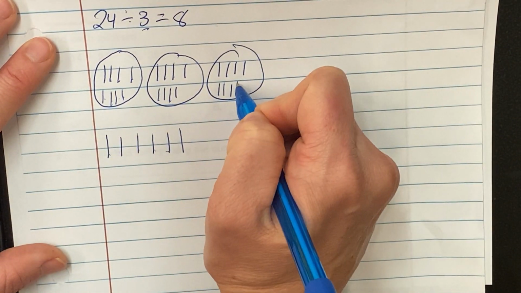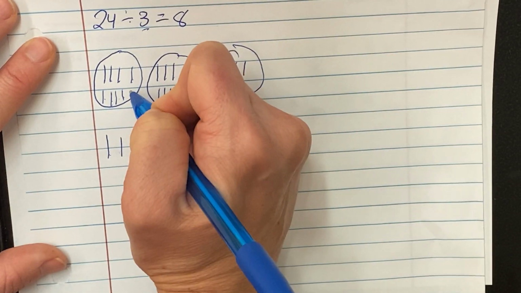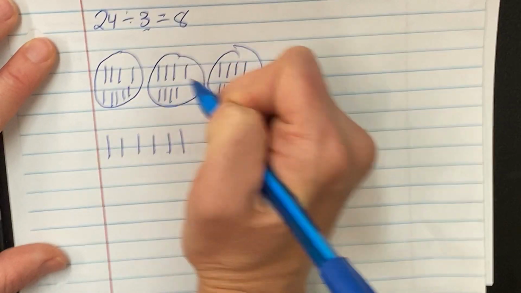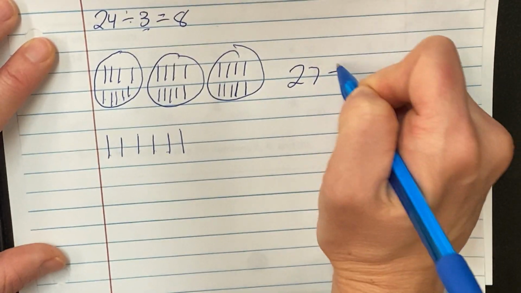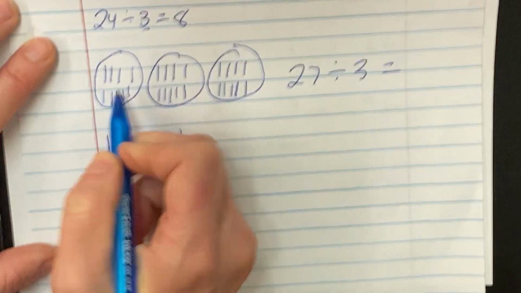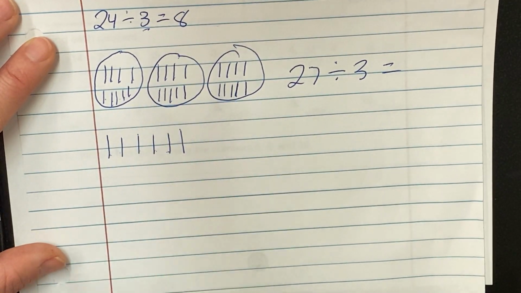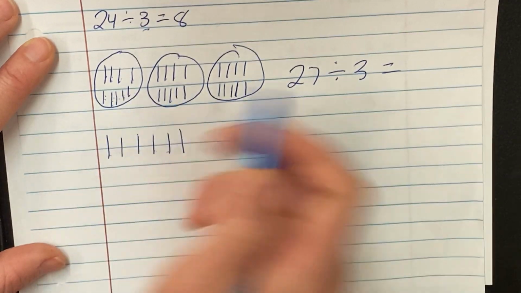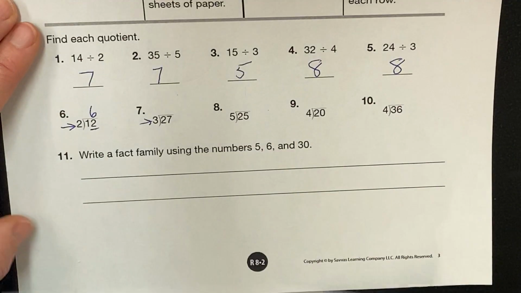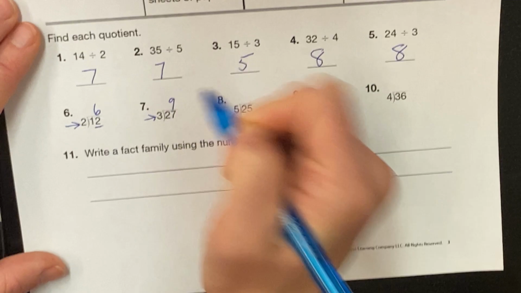My last one was 24, so if I keep going and go 25, 26, 27, then I'll get my answer for 27 divided by 3. I already had 24 in here, so I just added 3 more. 1, 2, 3, 4, 5, 6, 7, 8, 9. Okay, so that's our answer for that. Put it above the 7.